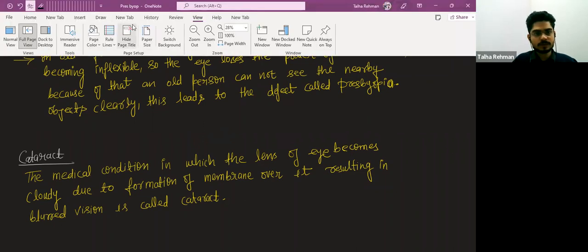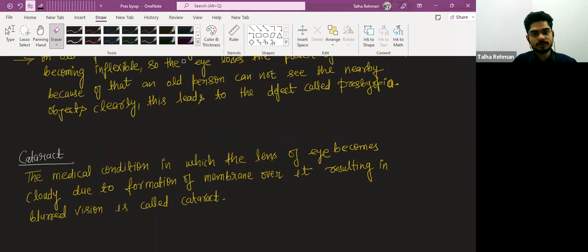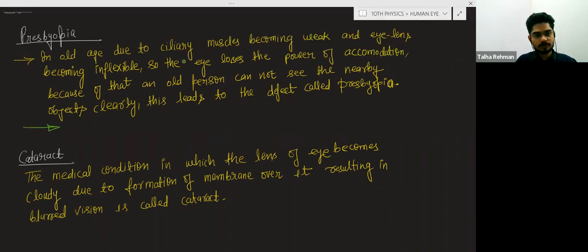So you can just add one point here. Correct it in the same way as hypermetropia.